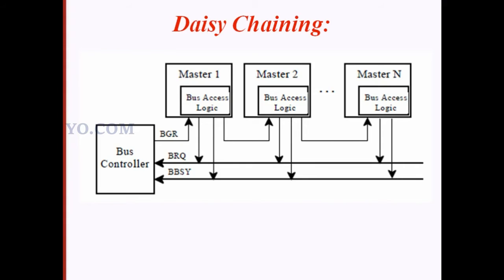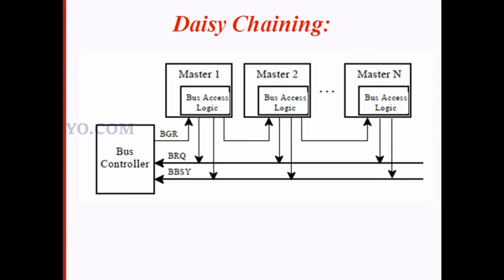For example, if you have 10 masters and the 9th master requests the bus from the bus controller, the bus grant signal is transferred from the first master, second master, third master, and so on up to the 9th.